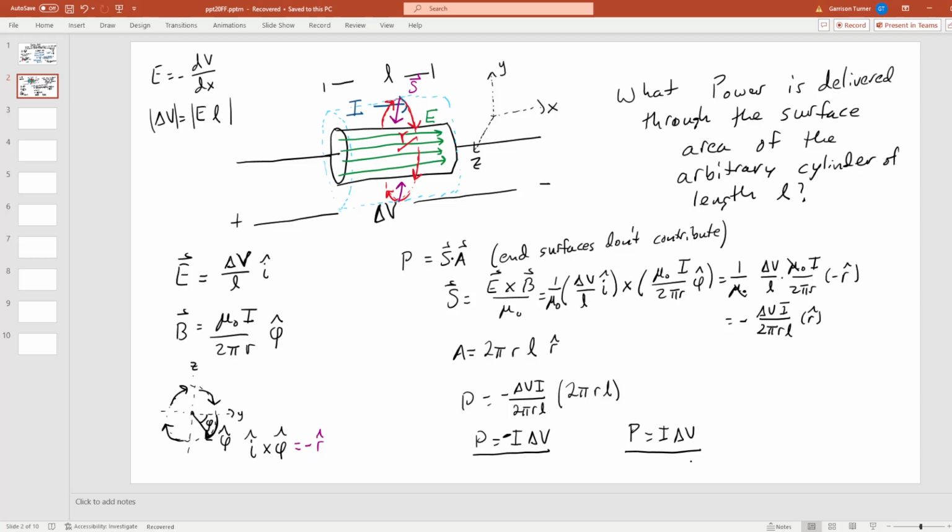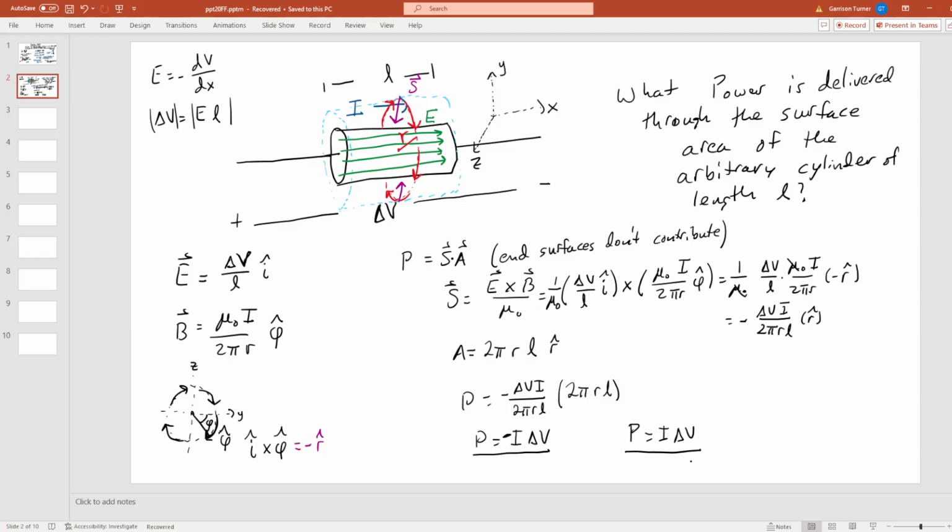But it's actually the fields themselves, via the establishment of those fields by the battery, that deliver the power to the resistor, not the charge from the battery as they move through the circuit. The charges just supply the current, and then the current generates the magnetic field. The magnetic field, in conjunction with the electric field, generates the Poynting vector. The Poynting vector delivers the power to the resistor, and then the resistor dissipates that power as heat.